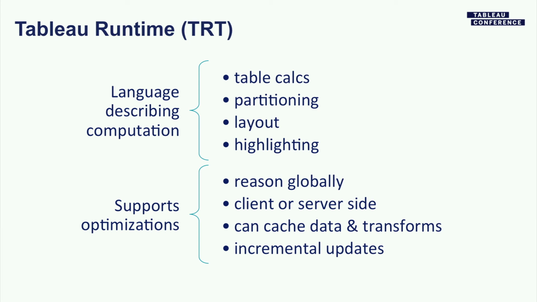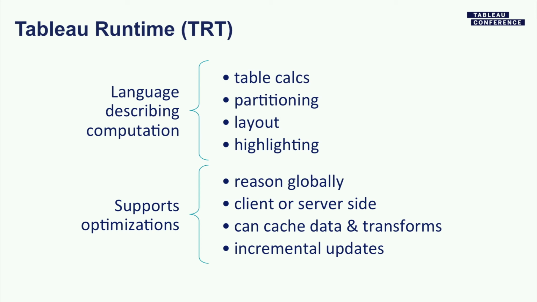Part of it is that we can reason globally. So we can now look at all the computations necessary to create this viz. We can figure out what things can be done in parallel, what things should be done in a different order so we can speed things up. There's just lots of ways that we can make things faster as a result. We can figure out whether the work should be done server-side or client-side.